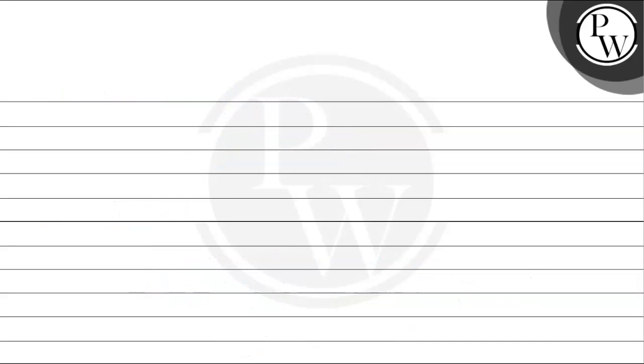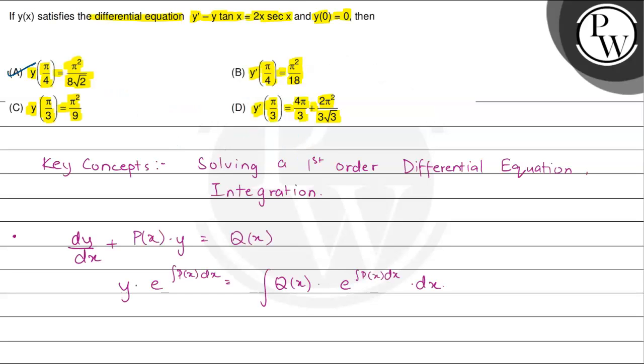Hence we'll have y dash of pi upon 3 would be pi square upon 9 times 2 under root 3 plus 4 times pi upon 3, which is 2 pi square upon 9 under root 3 plus 4 pi upon 3. This matches with our given option D. Hence, we say that our final answer is option A and option D. I hope you understood it well and best of luck.